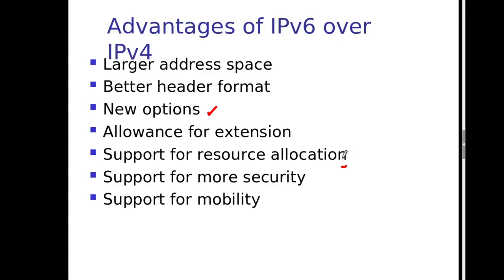Suppose in IP version 6, the type of service field, which was in IP version 4, has been removed now. But two new fields, traffic class and flow label, have been added. It enables the source to request a specific handling of the packet.